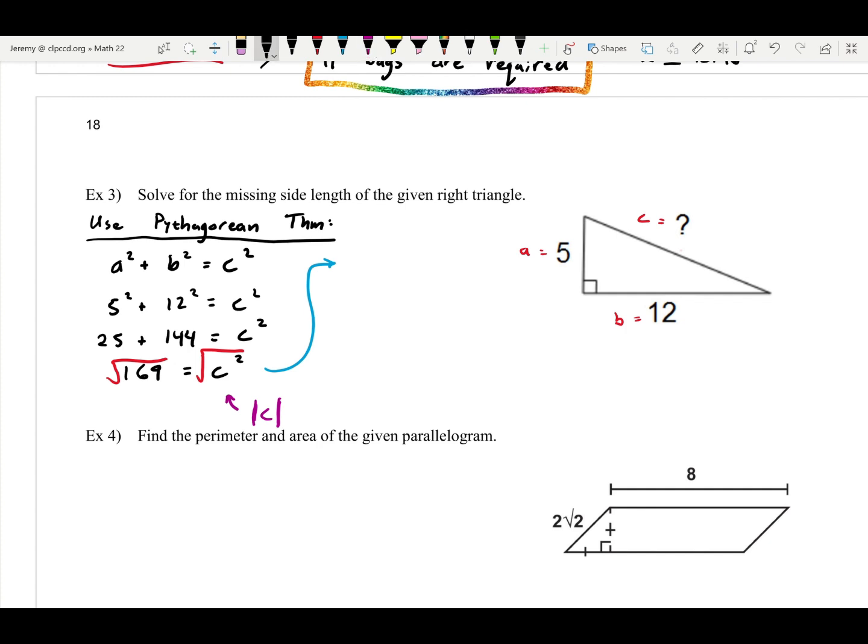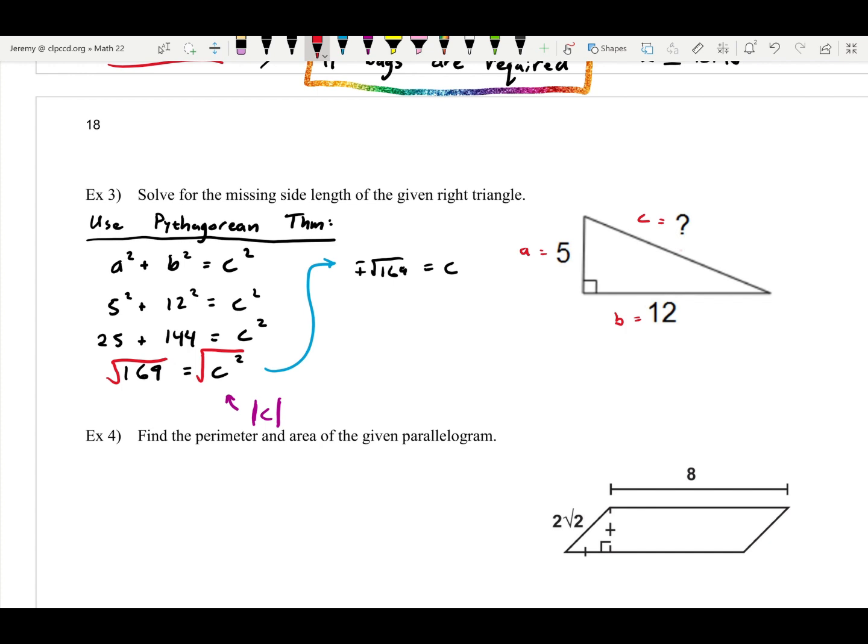And the way that this affects this equation that we're trying to solve is we'll get, yes, the square root of 169 on the left side, but we generally have a plus or minus root 169 is equal to c. However, sometimes when we're dealing with geometric problems or problems in trig, we'll make a decision like which is it, plus or minus. In this case, since c represents the length of a hypotenuse, we're not interested in the negative value, okay?